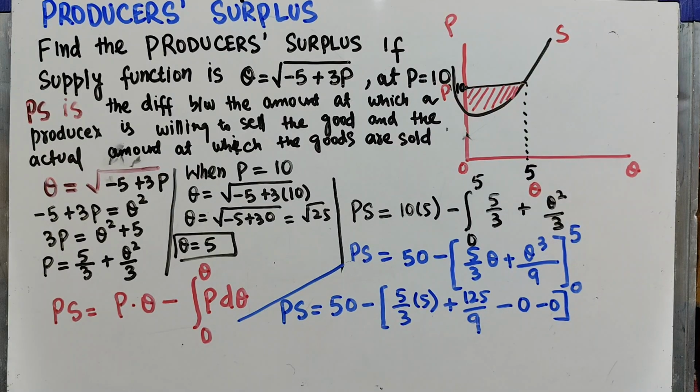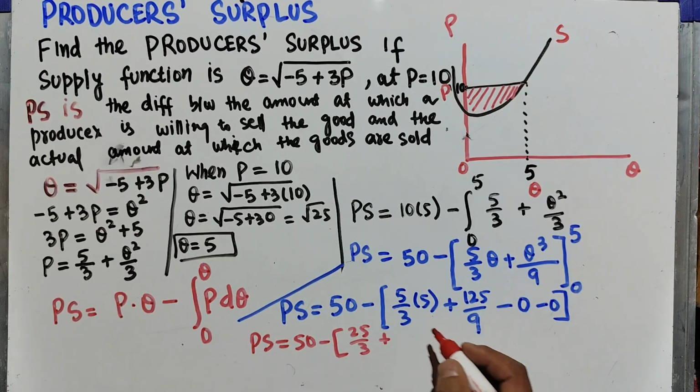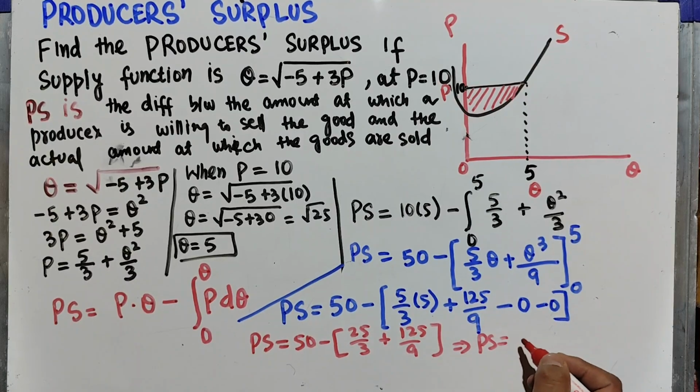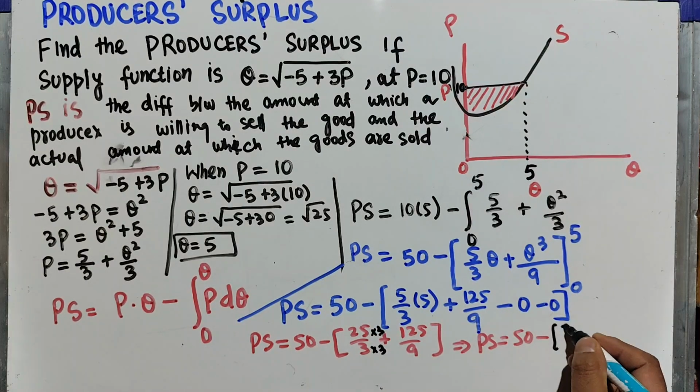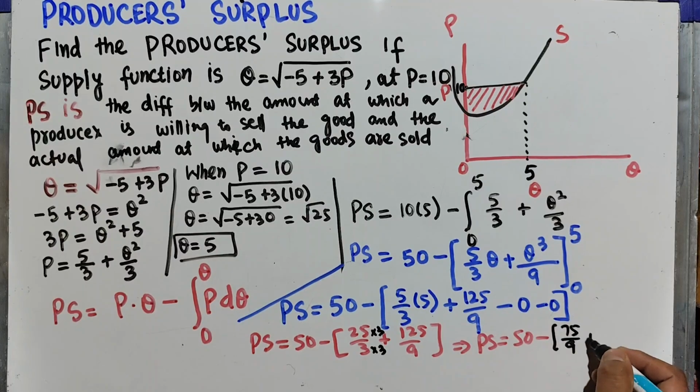Solving further, producer surplus will be equal to 50 minus 25 upon 3 plus 125 upon 9. Let's make the denominator the same, 9. So it becomes 75 upon 9 plus 125 upon 9.